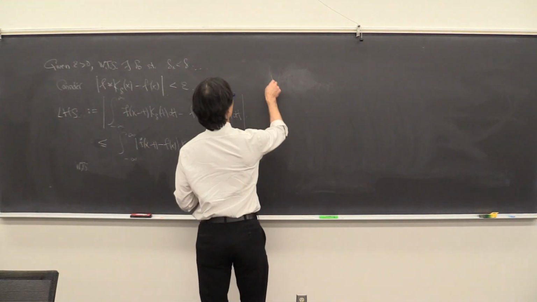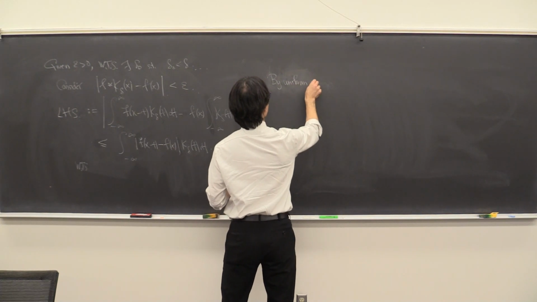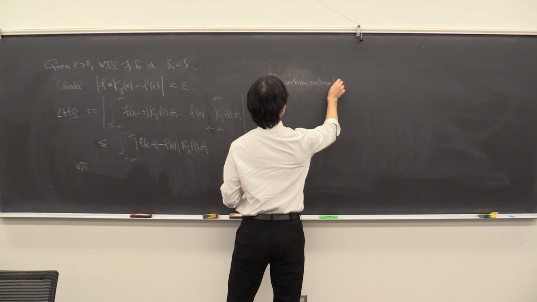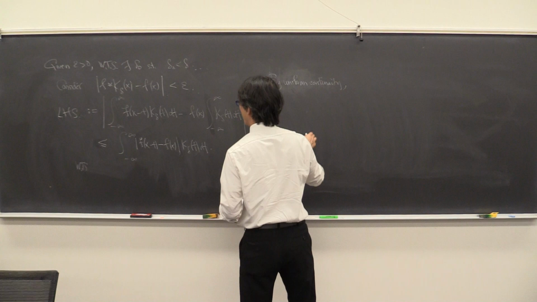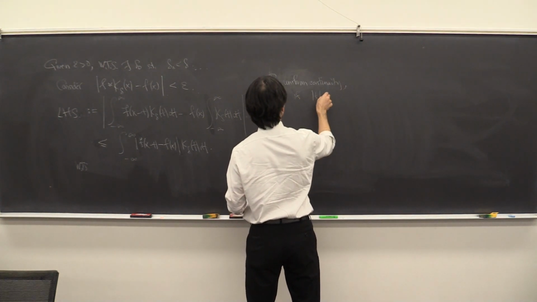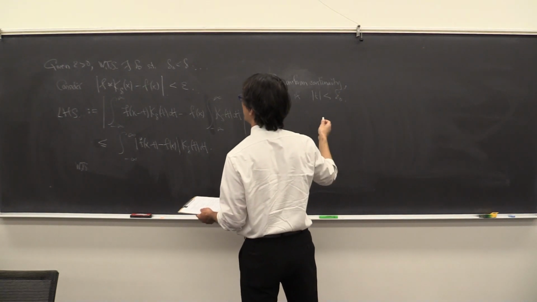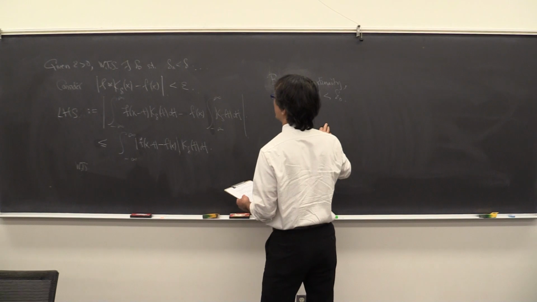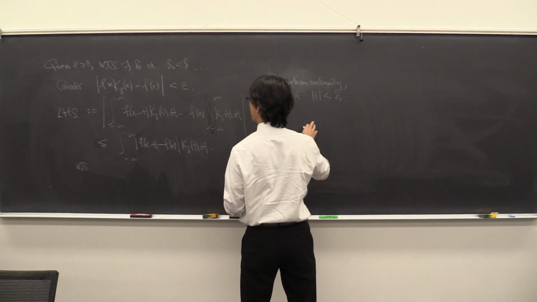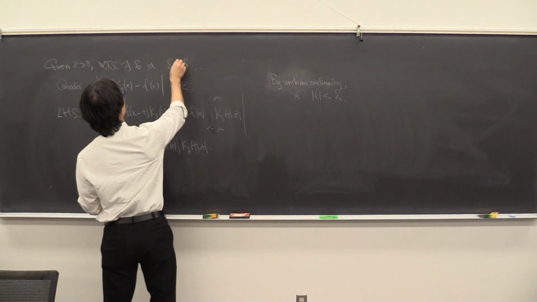So by uniform continuity, we know that if the size of t is smaller than some delta naught, then, sorry, this is going the wrong way.